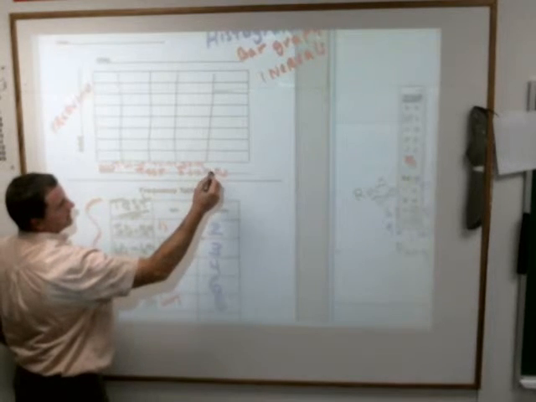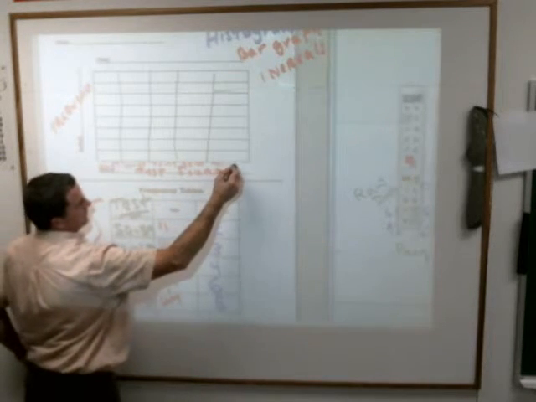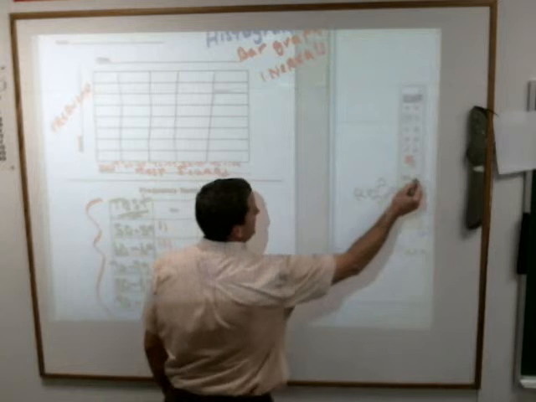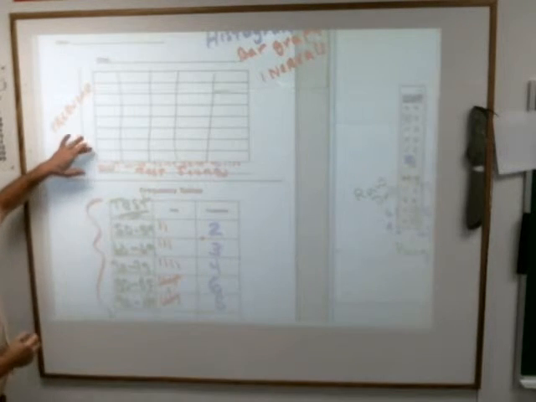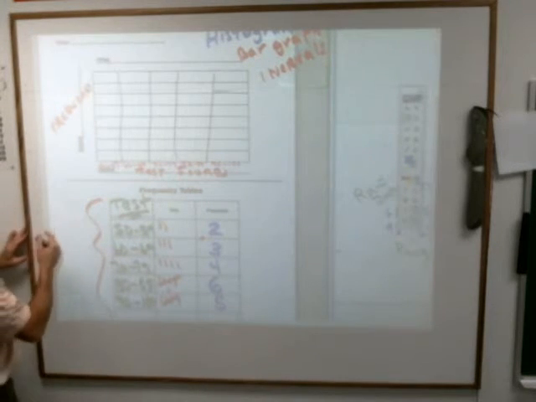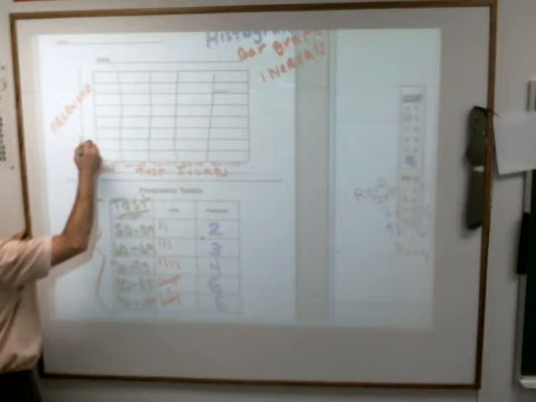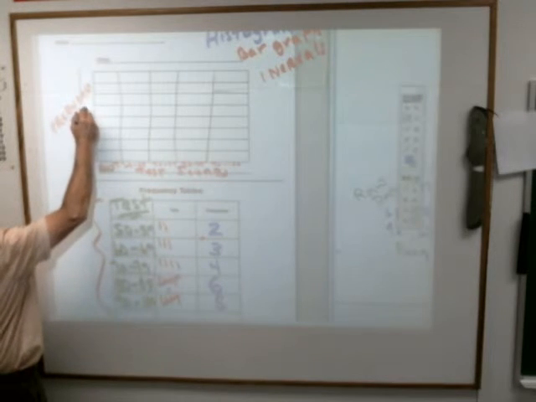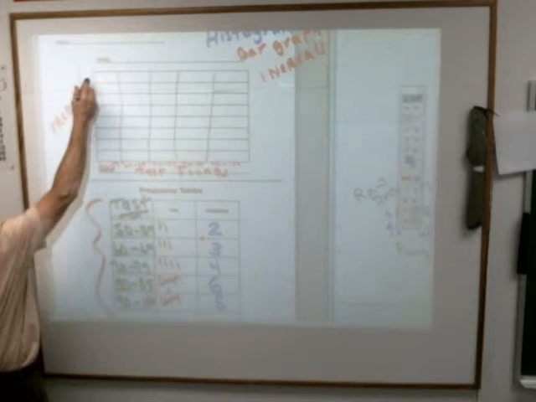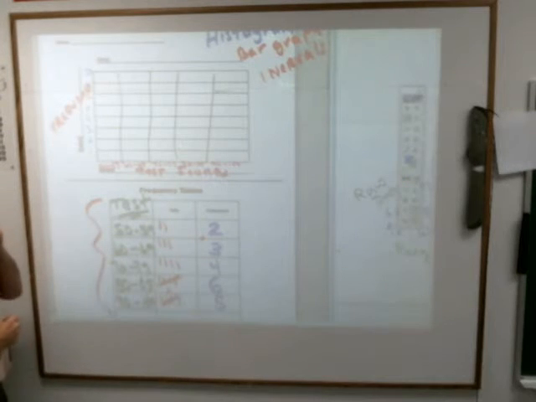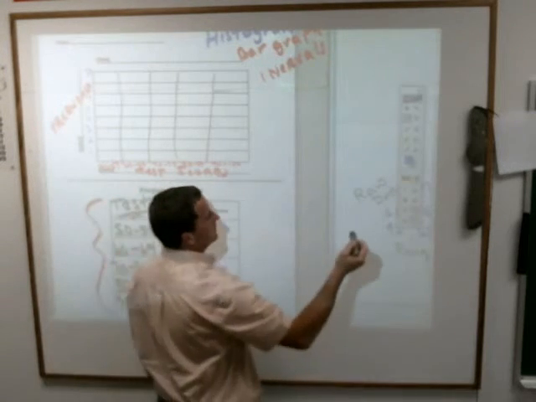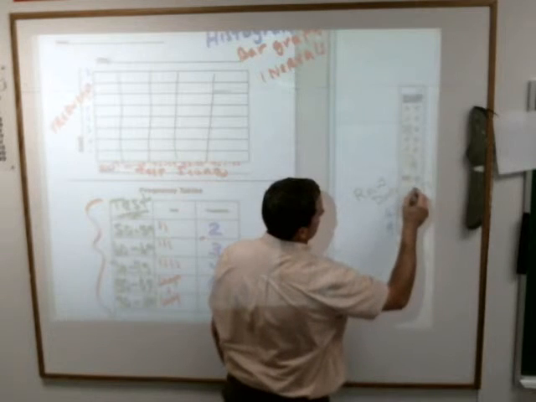And the last one is the 90 to 100 range. And then the lines just stand for the number of kids. This is 1, 2, 3, 4, 5, 6, 7, 8. And here is where the fun part comes in.